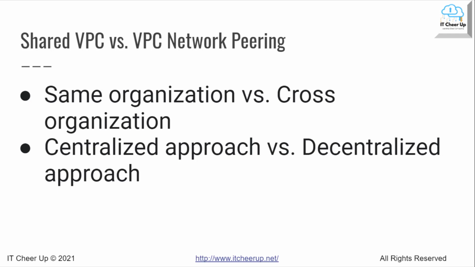Shared VPC is a centralized approach to multi-project networking by configuring the security and network policy in a single designated VPC. On the other hand, VPC network peering is a decentralized approach where each VPC network can remain under the control of separate administrator groups and maintain its own global firewall and routing tables.